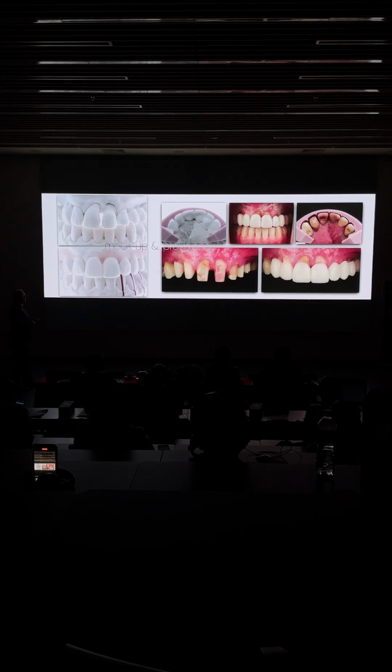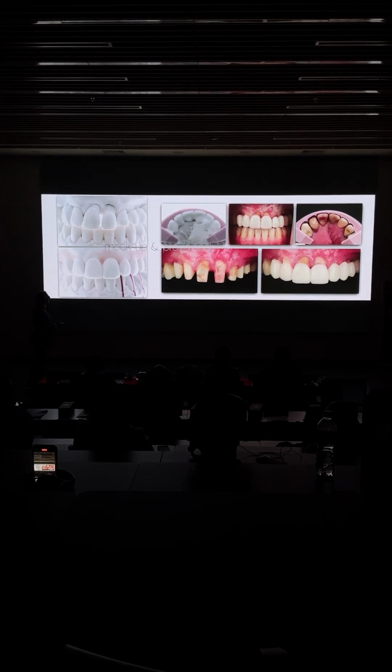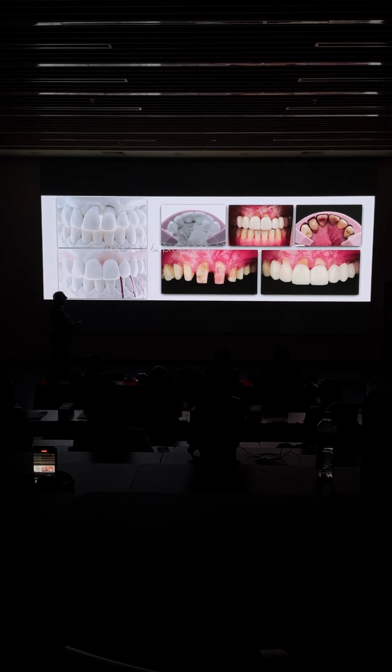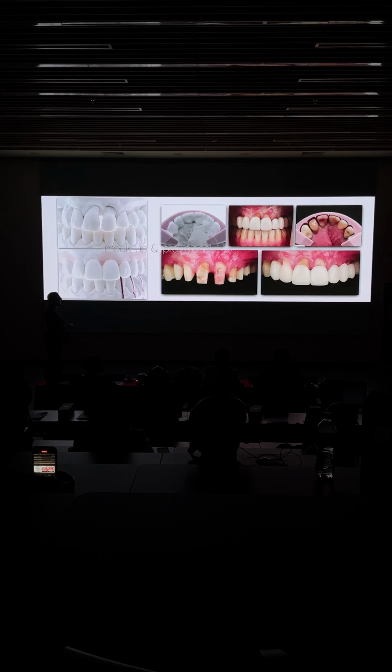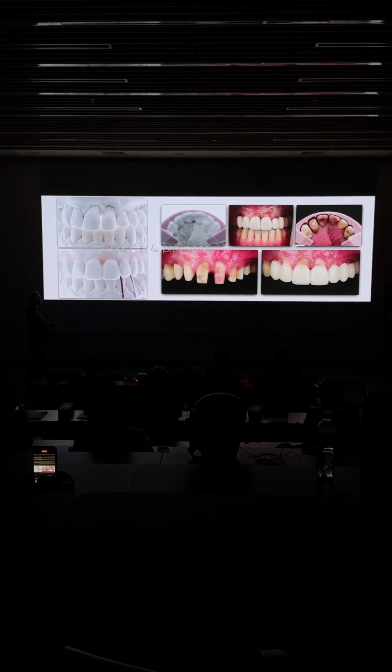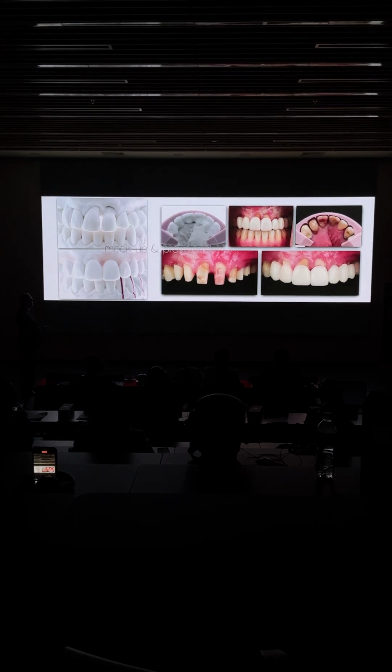So the first thing I did was a wax-up, cut the teeth a little bit, and reline, doing an aesthetic mock-up to see if the occlusal plane was in the right place, and then decide how much tissue I have to bring down.